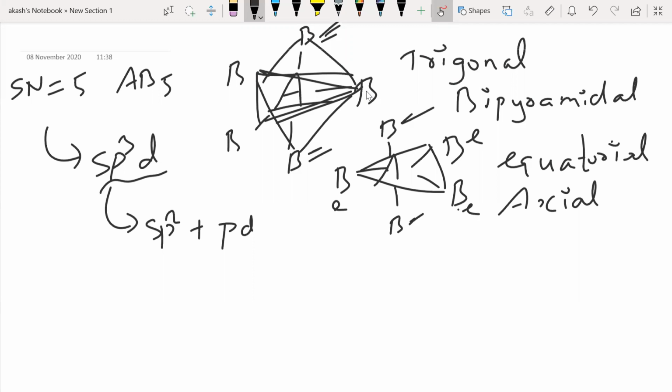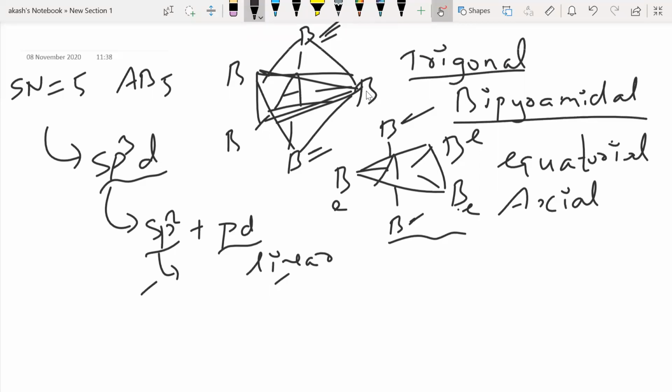So with sp2, obviously I'm going to have the trigonal shape, and the pd, I assume, is like sp. So if I have pd, it is going to be linear, is it not? So this shape or geometry is going to be a combination of trigonal as well as linear, and that ends up with your trigonal bipyramidal shape.